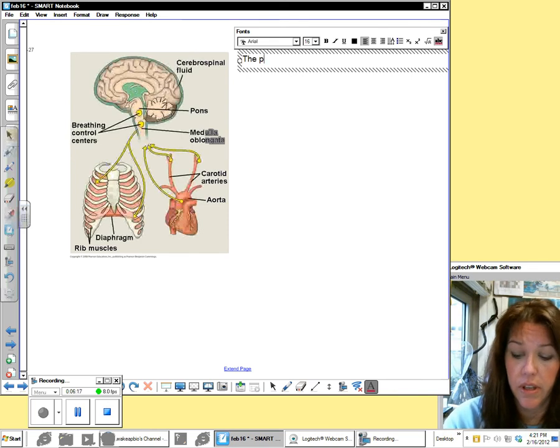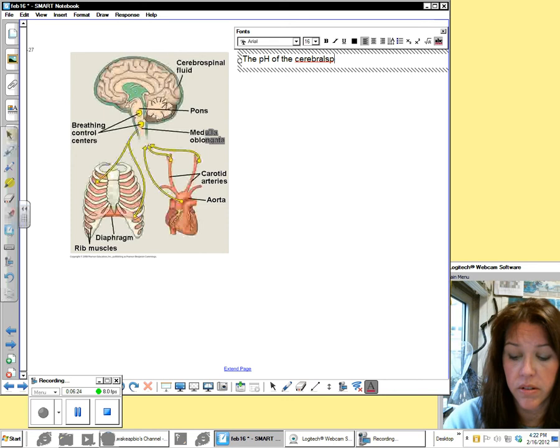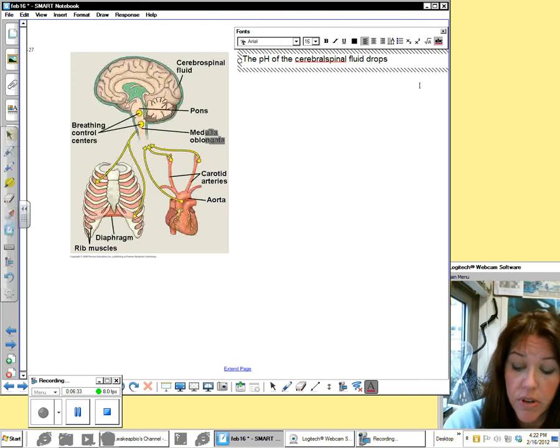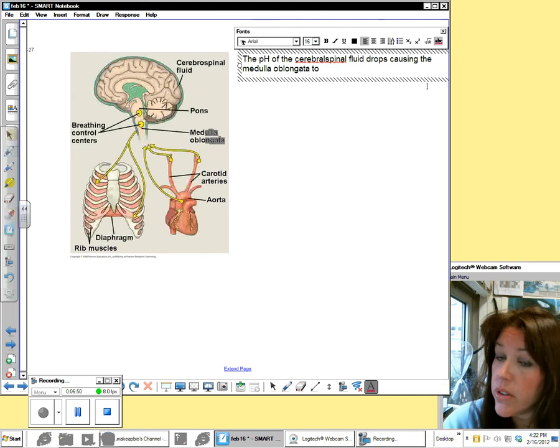Let's start with the pH of the cerebral spinal fluid drops. So what's going to happen now? The pH of the cerebral spinal fluid drops, causing the medulla oblongata to, what does the medulla oblongata do?